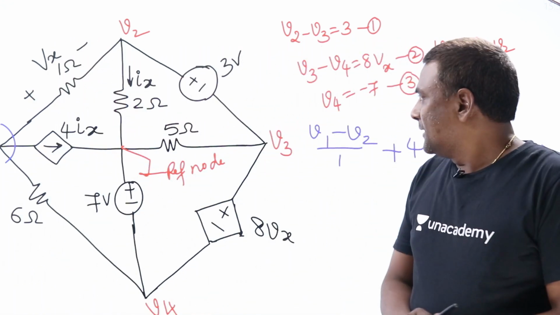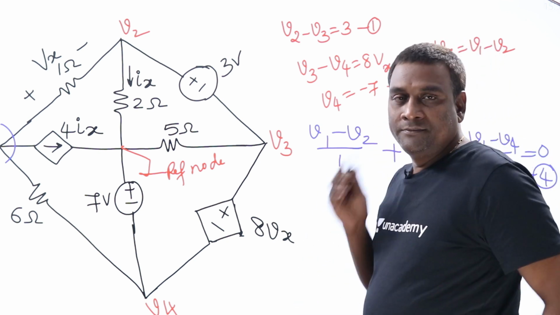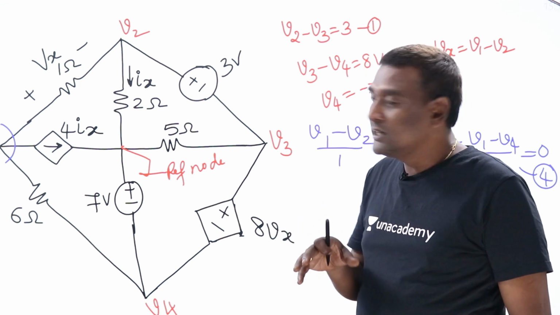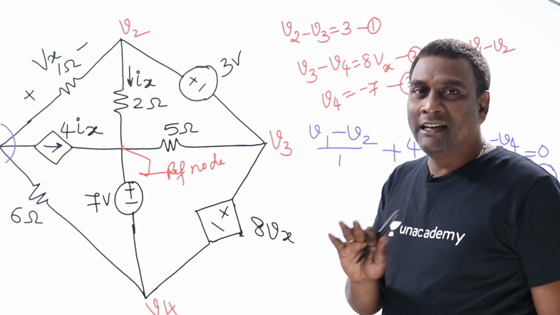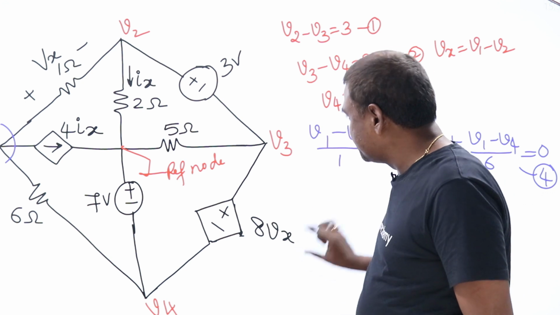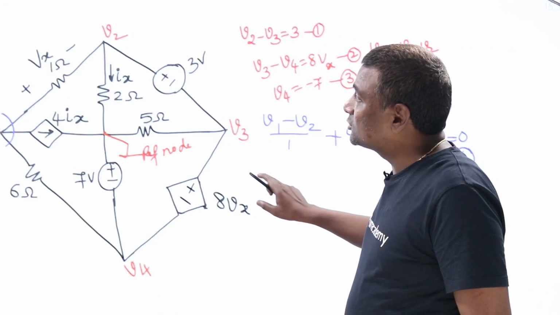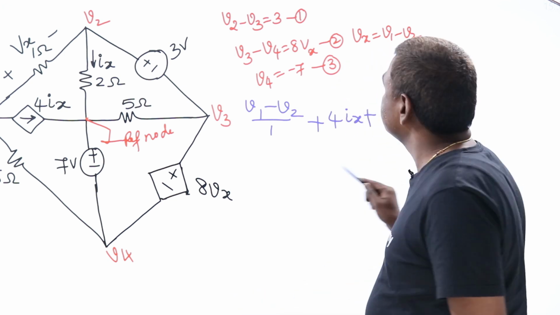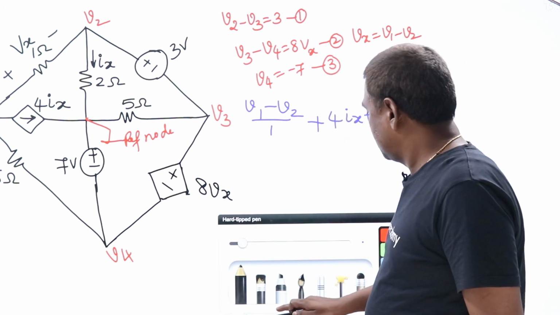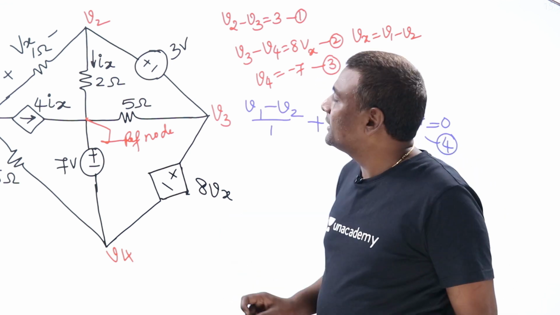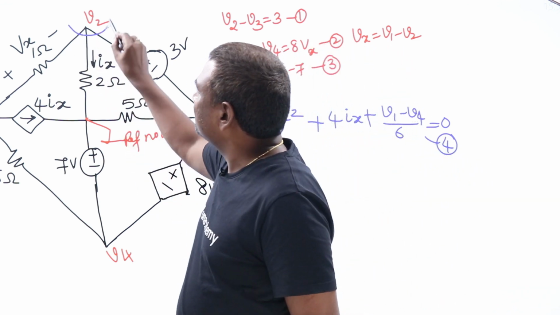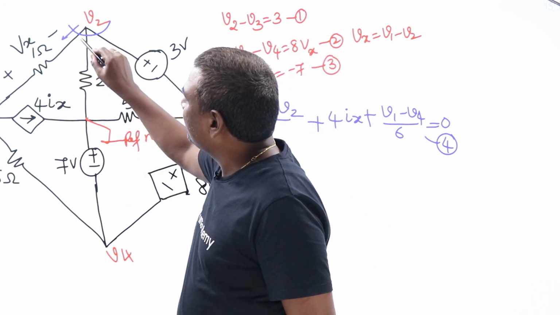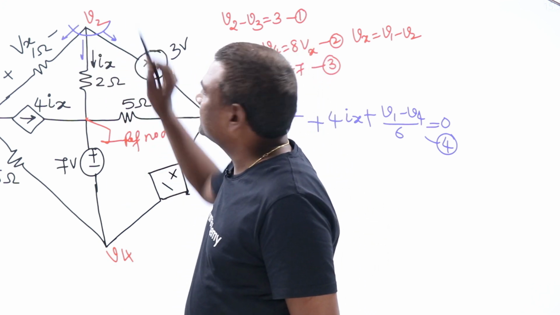Now, one thing here is, because this is the boundary, if you try to apply KCL at the second node, what is going to happen? Let us see. You are not supposed to apply it. Let me use blue color. If I try to apply KCL here: leaving current through this plus leaving current through this plus leaving current through this.